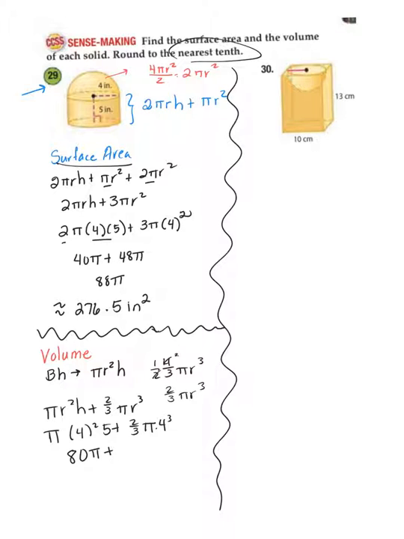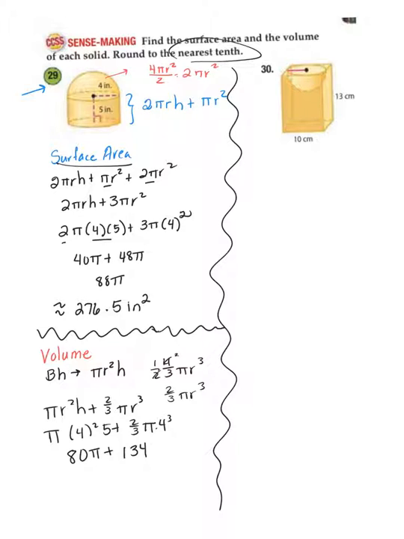I want to hold as many places in my calculator as I can before I round off. So 64 times 2, and I'm going to divide that by 3, okay? And I'm going to hold that value in my calculator. Second answer times pi. And I'm going to get about 134.04, so I'm not going to round it.